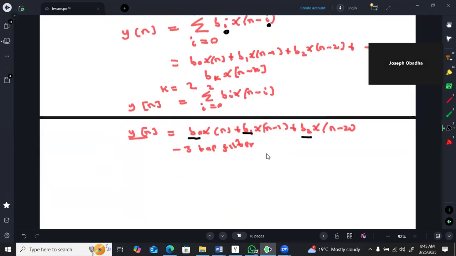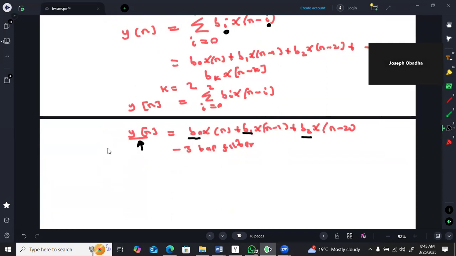In fact, designing this filter involves determining the coefficients. The values of the coefficients will determine the nature of the output.